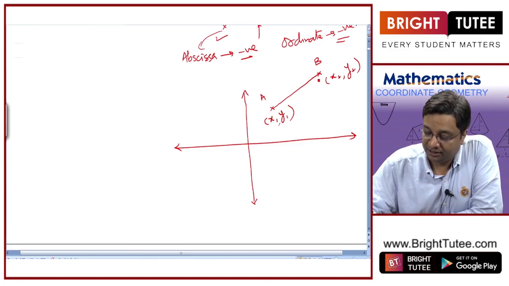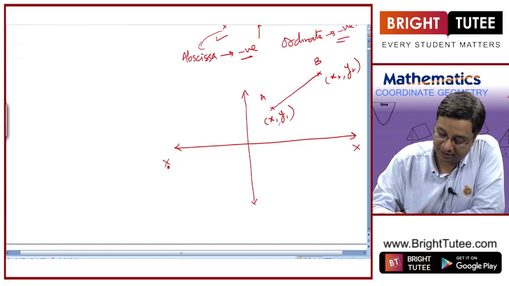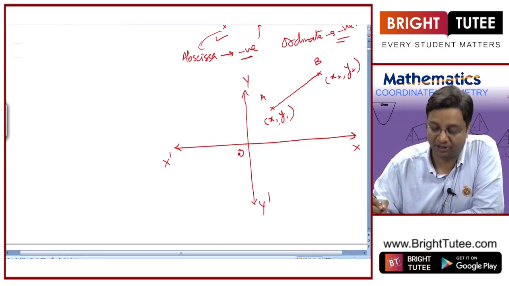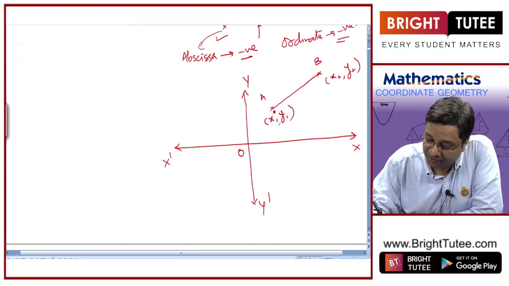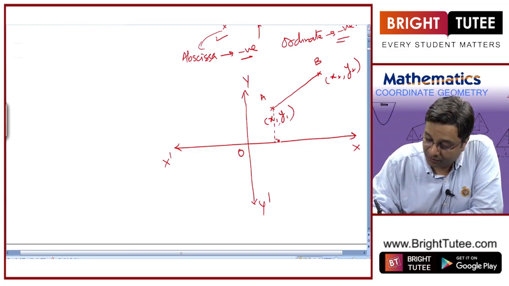So to calculate this distance AB, this is x-axis, this is x dash, this is y, y dash, and this is the origin, right? Now if I drop a perpendicular from this point A on the x-axis, right? So what will be the length of this perpendicular and what will be this distance?